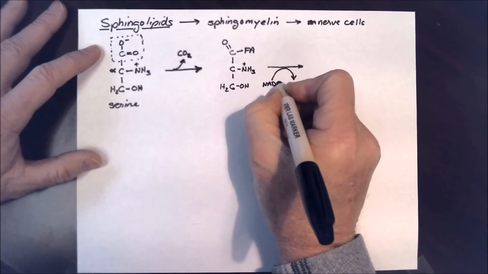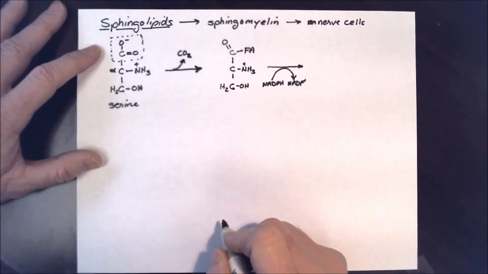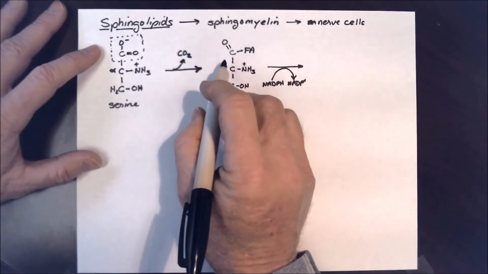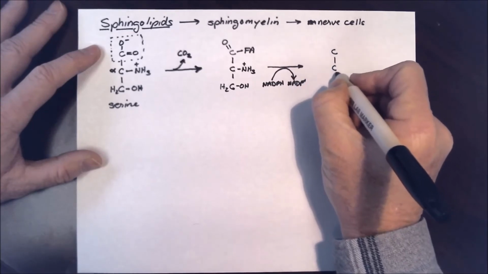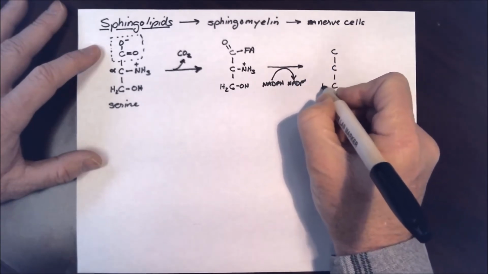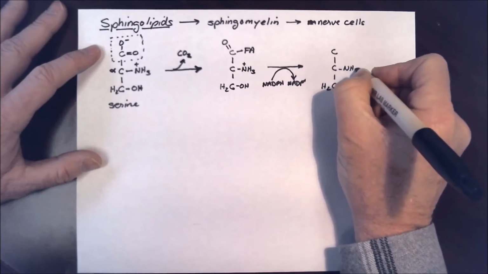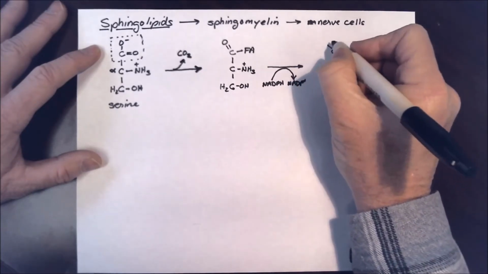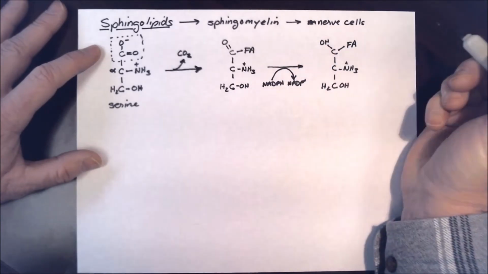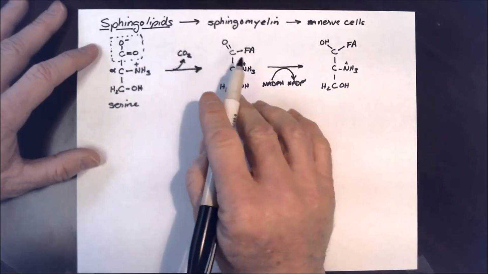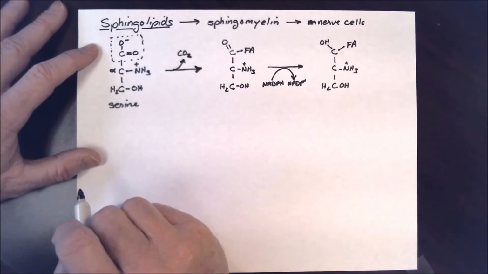Now the next step of this reaction is a redox reaction, and we are going to be using NADPH, converting to NADP, and what we are reducing is this carbonyl structure. And of course, reducing the carbonyl, we're going to convert it to an alcohol.